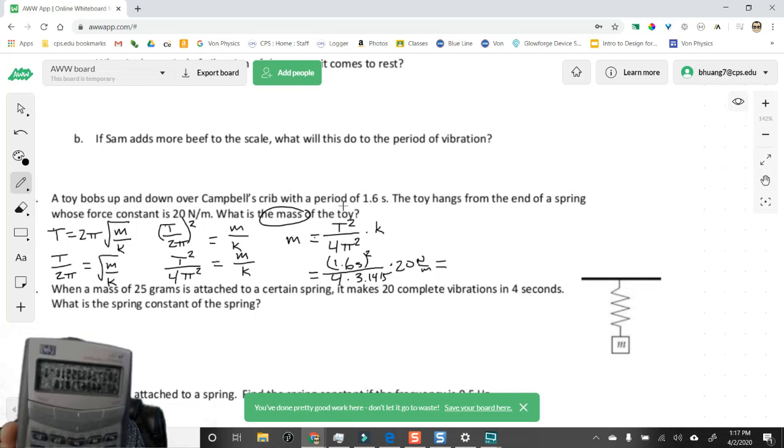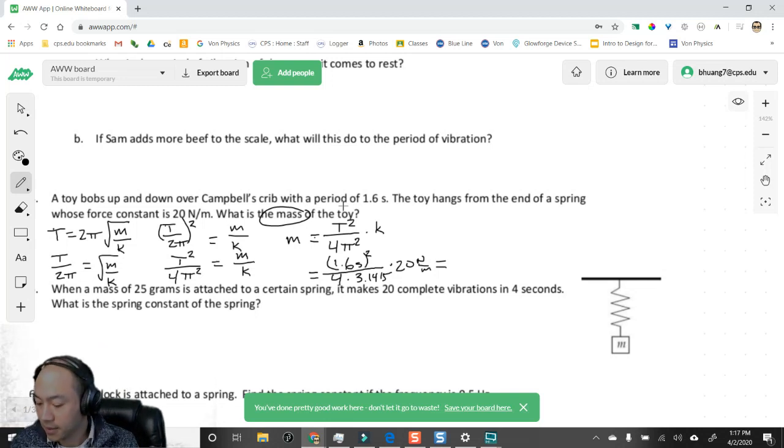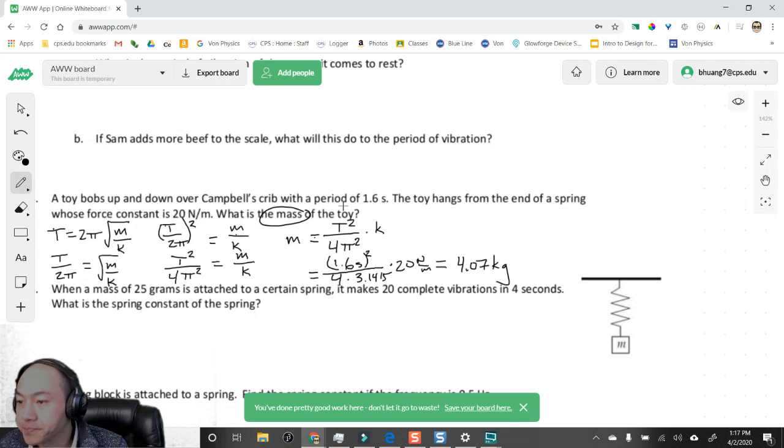So this gives me 4.07 kilograms. So that's how we solve that problem.